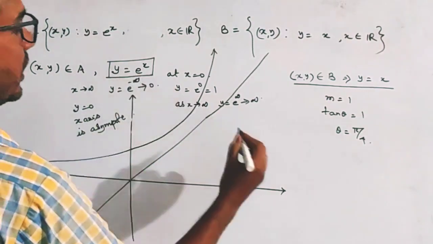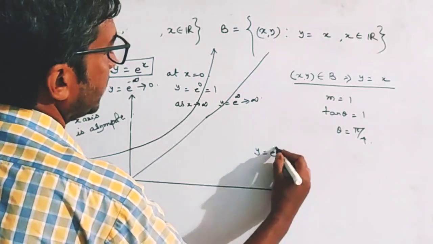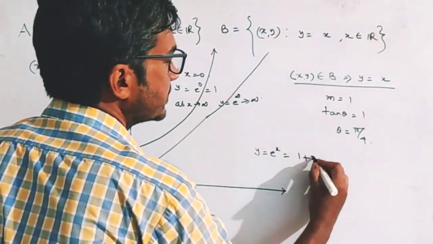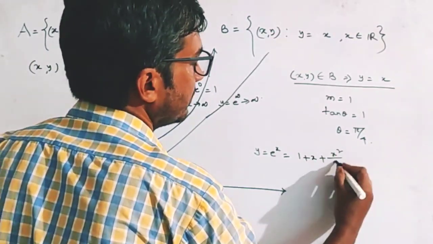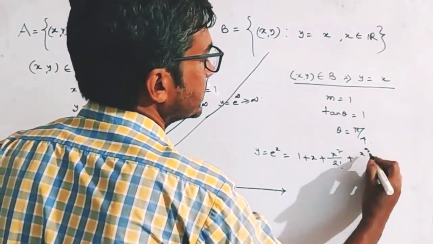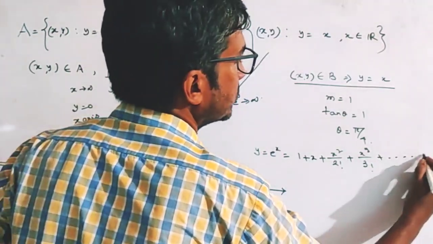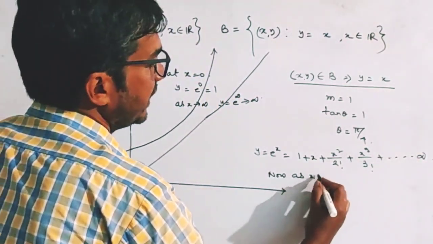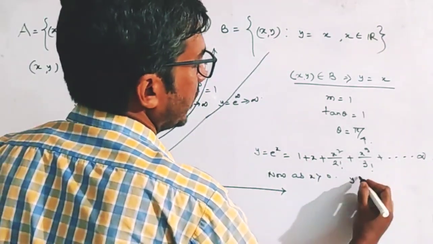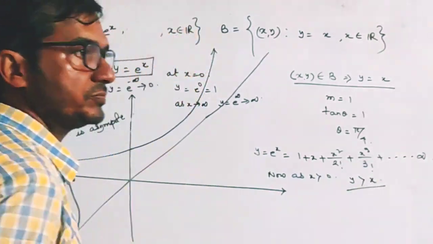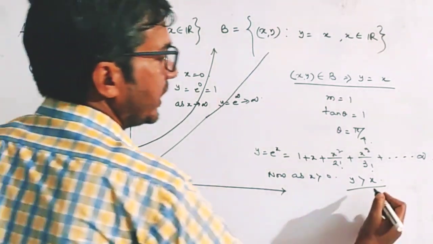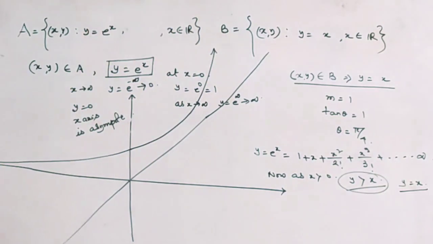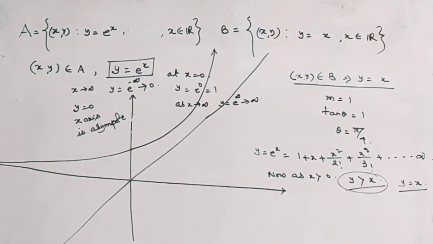Also, if we expand y equal to e to the power x, we know that the expansion of e to the power x is 1 plus x plus x square by factorial 2 plus x cube by factorial 3 plus, to infinity. Now, as x is greater than 0, y is greater than x. So clearly, y greater than x and y equal to x have no common point of intersection.